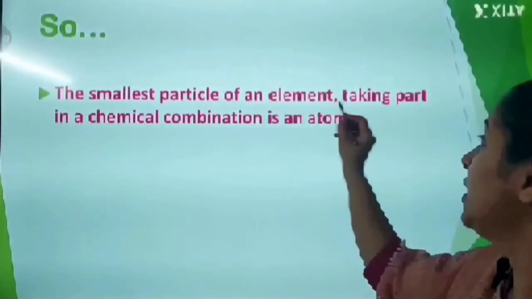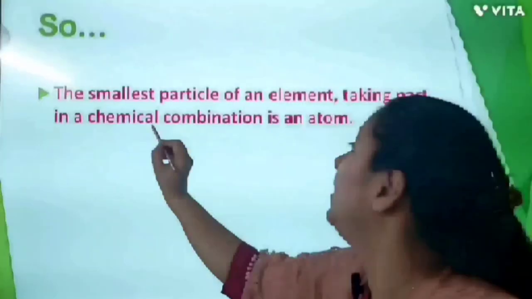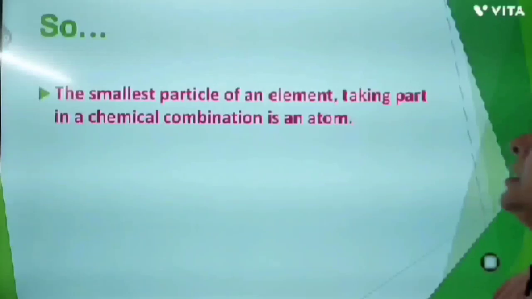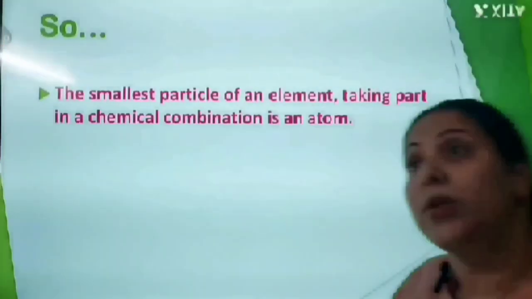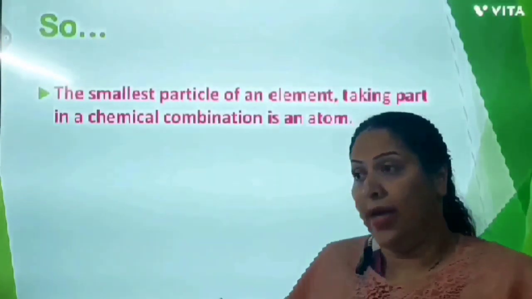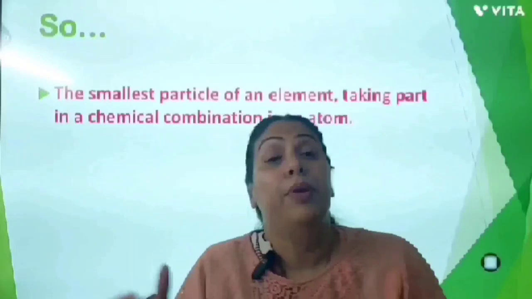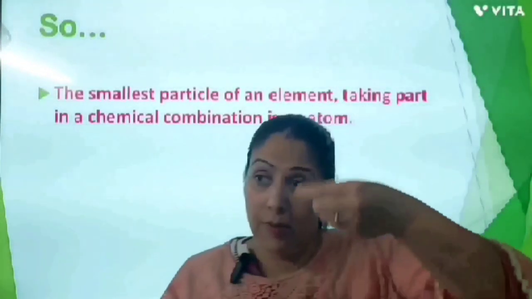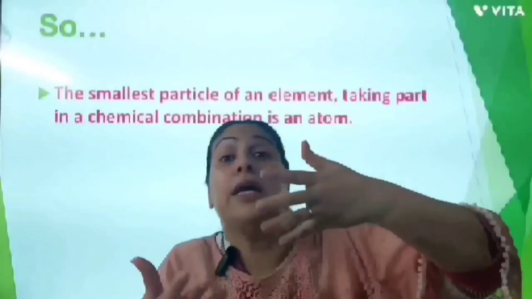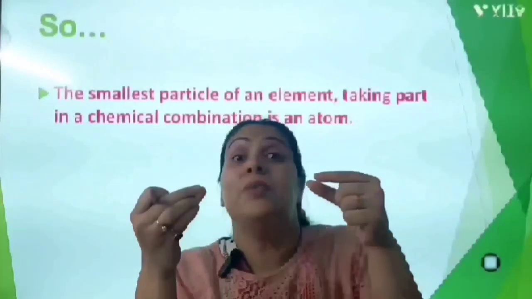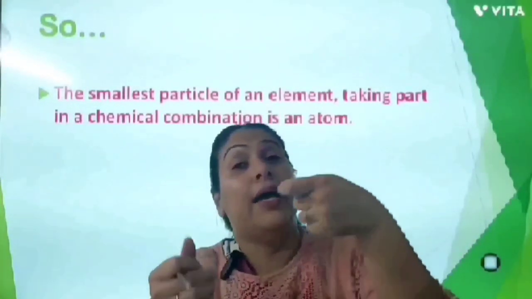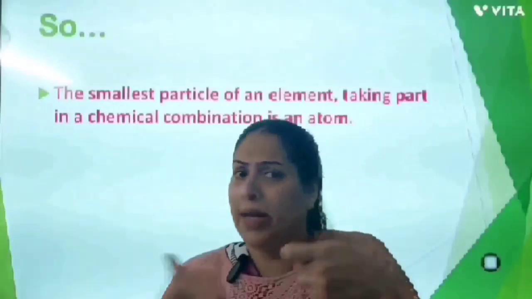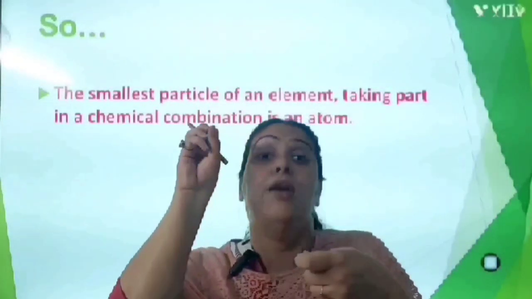The smallest particle of an element taking part in a chemical combination is an atom. What is a chemical combination? I take a magnesium ribbon and I burn it in normal air.